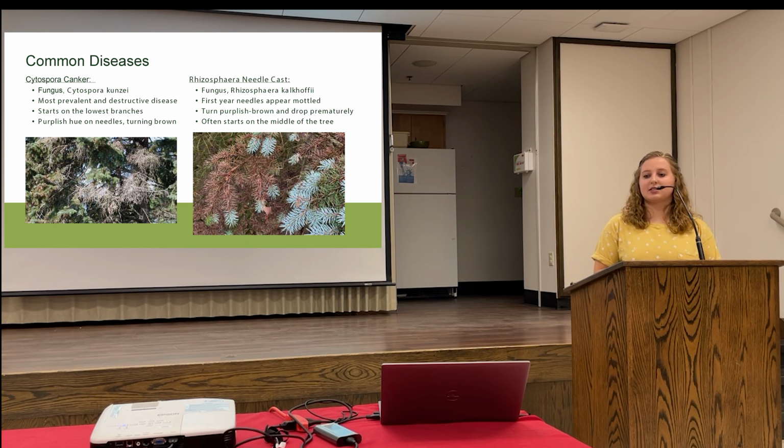And then the next is Rhizosphaera needle cast. It's very similar to the balsam fir needle cast that I was talking about. It's also a fungus, and in the first year of infestation, the needles appear mottled or speckled, and then they turn a purplish brown, and then drop prematurely. And this often starts in the middle of the tree.